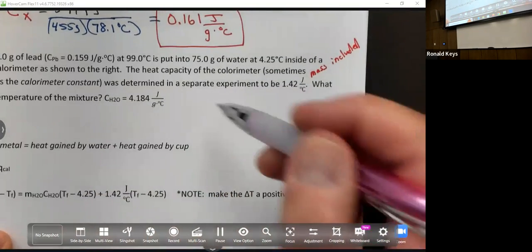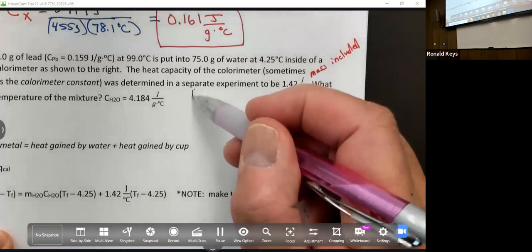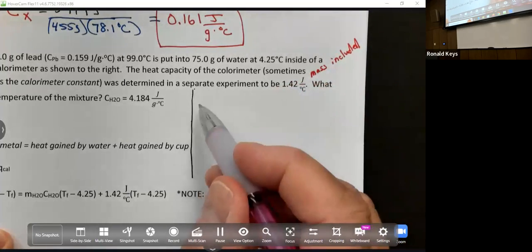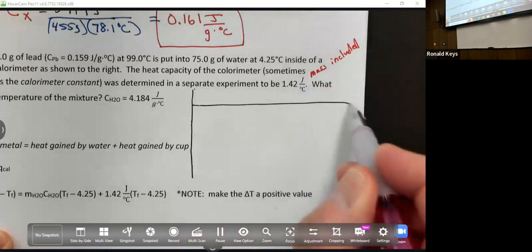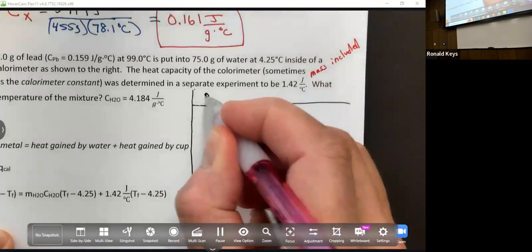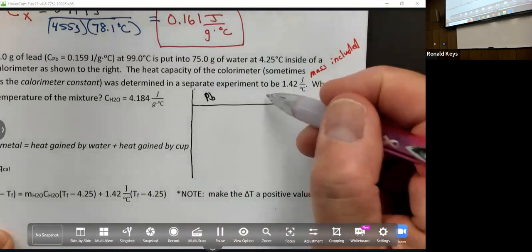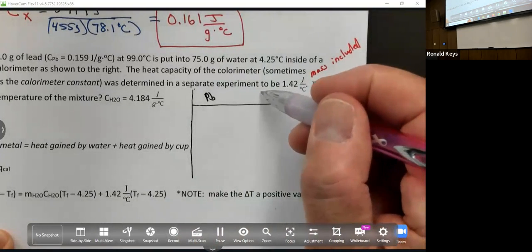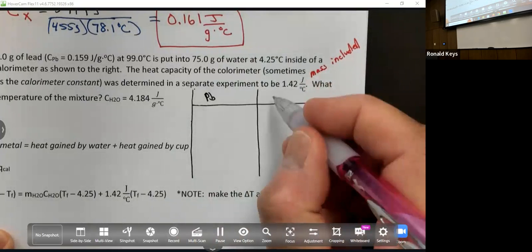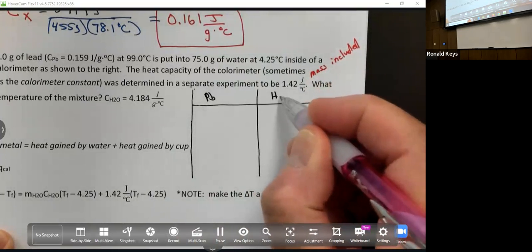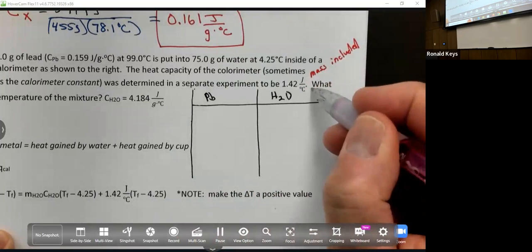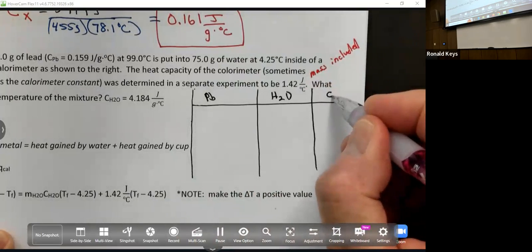So right here, first of all, we've got lead. That lead is going to be dropped into water. And then we have the cup itself.